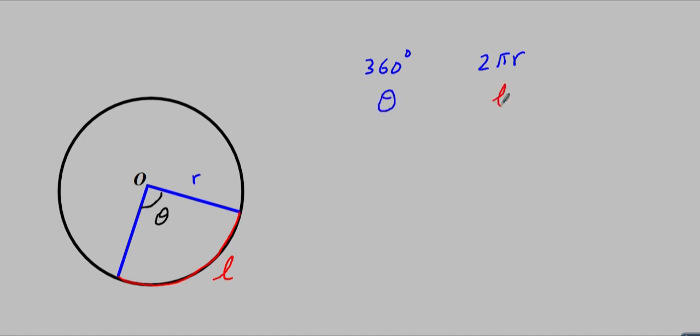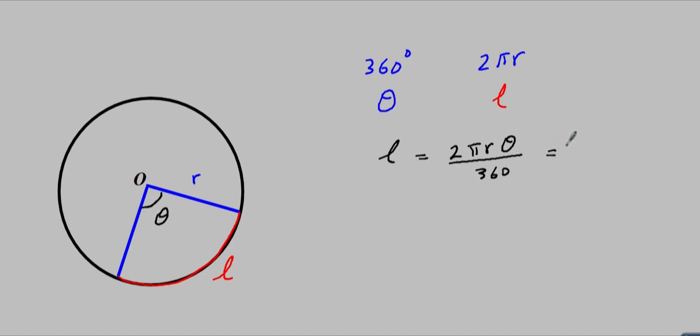what's L? Obviously this is ratio and proportion, and you can see by cross multiplication that L is equal to 2 pi r theta divided by 360, which can be looked at in a different light.